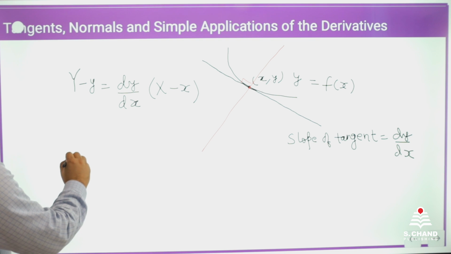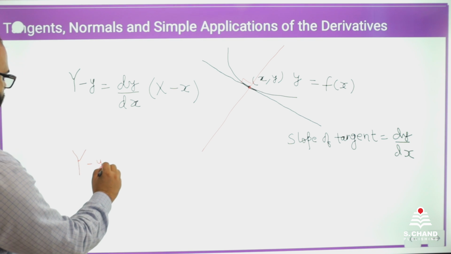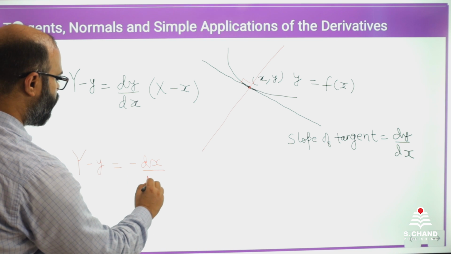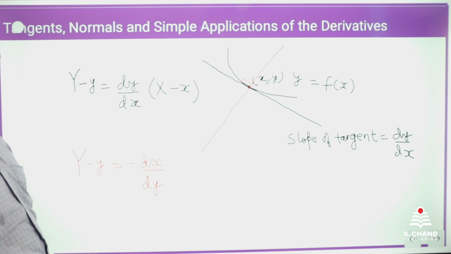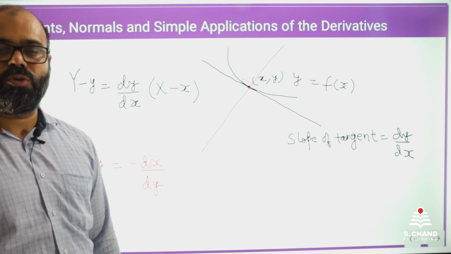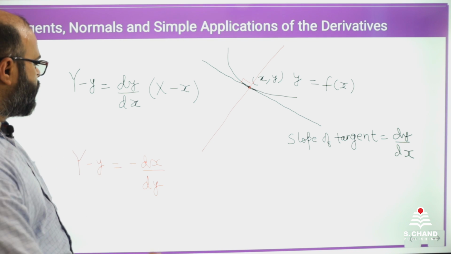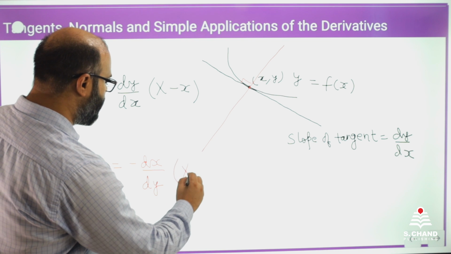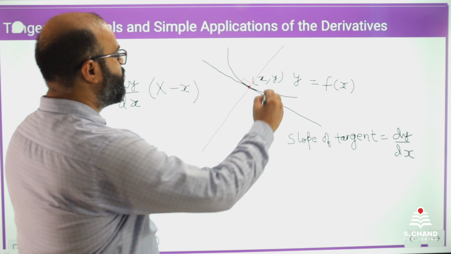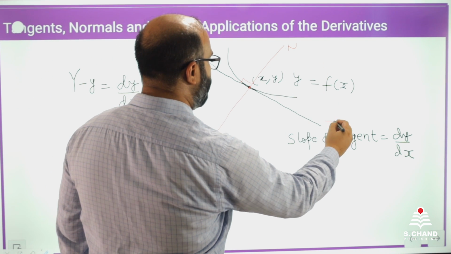That would be Y minus y is equal to minus dx by dy into X minus x, because we know that the normal and the tangent, their slopes are negative reciprocals of each other. This is the normal, this is the tangent.